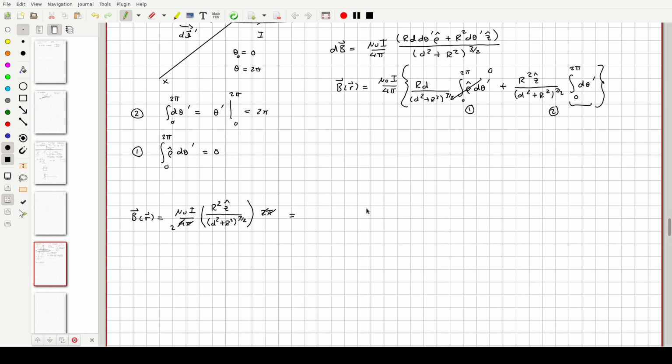And you end up with mu naught I r squared z hat over 2 times d squared plus r squared raised to the 3/2 power. So this is something else that you can take and place in your repertoire, if you will.